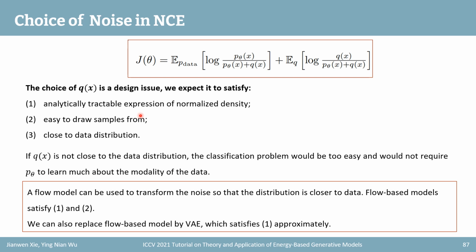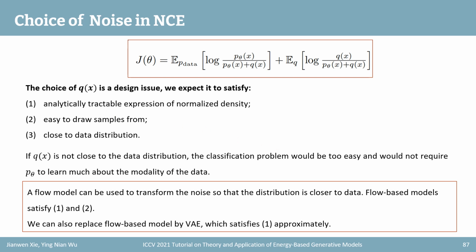In fact, I'd like to emphasize that we can also replace the flow-based model by a variational autoencoder, and it also satisfies analytical tractability approximately, because there's an extra layer of approximation by this approximate inference model. But again, we can use VAE as our Q, the noise distribution.